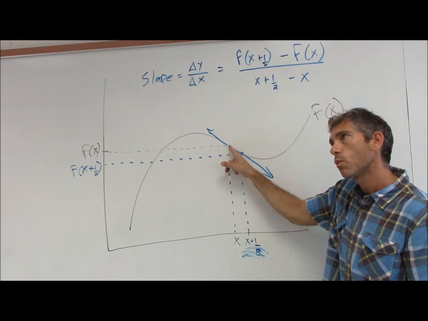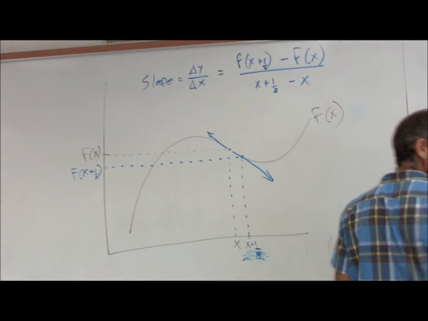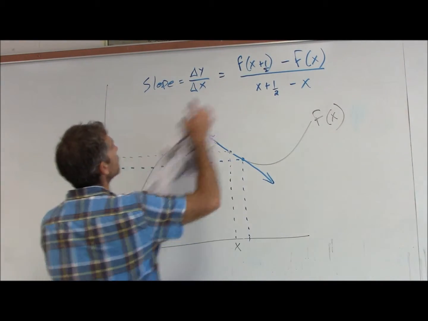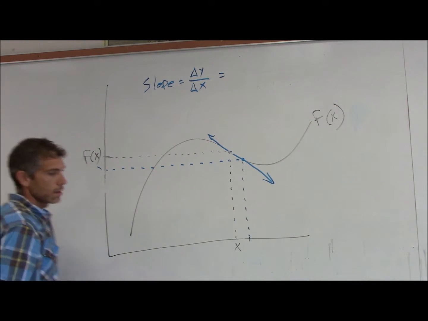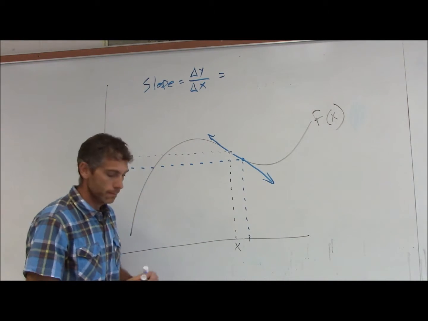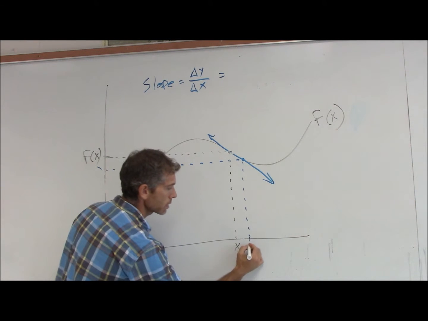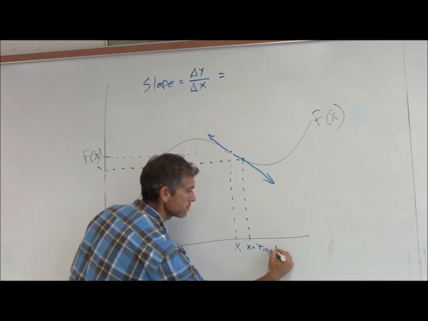So we know we need two points because we're measuring a change. Let me erase some of what I have here. What we do is we pick our second point as x plus a tiny bit.